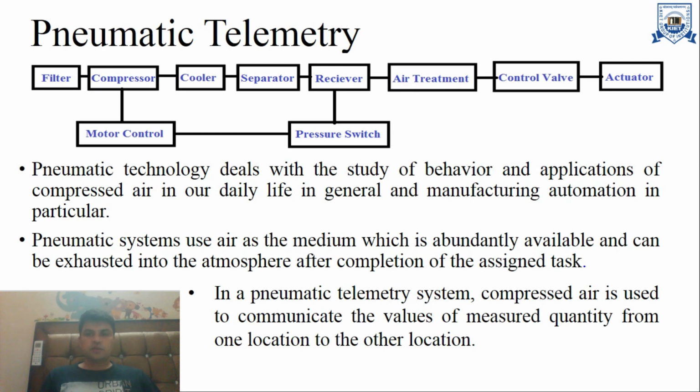Then there is a separator, then a receiver, and below this there is a pressure switch, which is controlled by this air, and this pressure switch controls the motor of our process. On the other side there is air treatment, a control valve, and actuators.